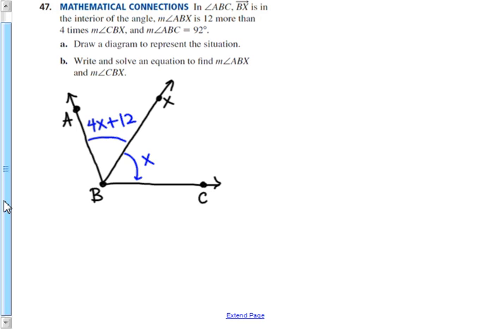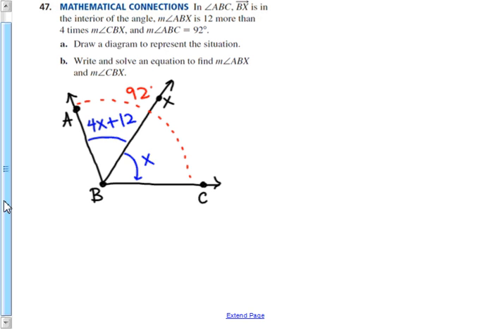Because if that one is angle X, the other one is 12 more than 4 times that. So 4 times X plus 12. And I know the entire thing, from here all the way to here, is 92 degrees.